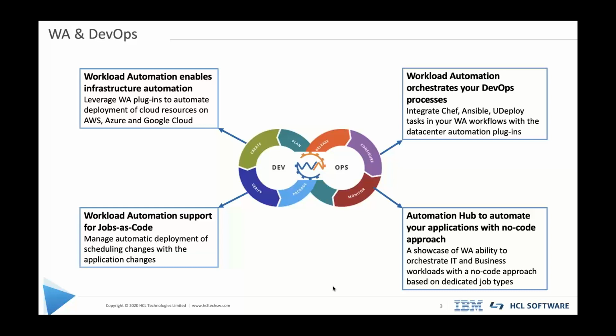So we provide integration with AWS, Azure, and Google Clouds, to name the most important ones, to automate the deployment of these cloud resources. Could be virtual machines, can be other resources. So you can basically automate your infrastructure deployment through our plugins.